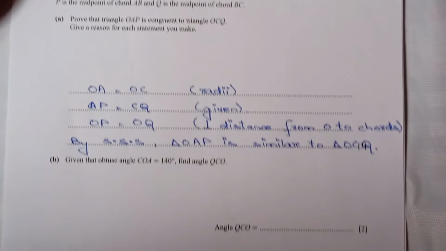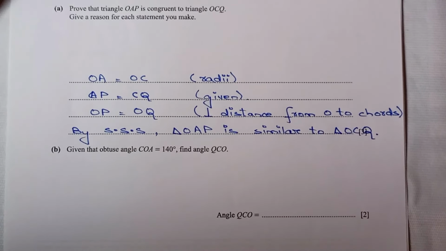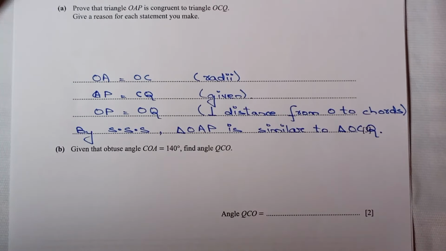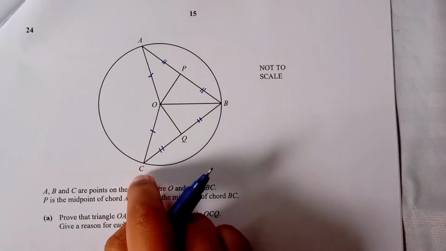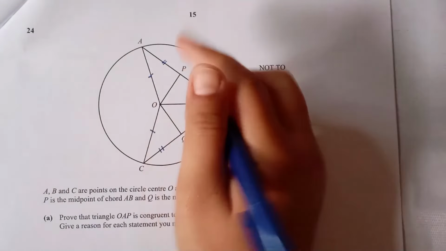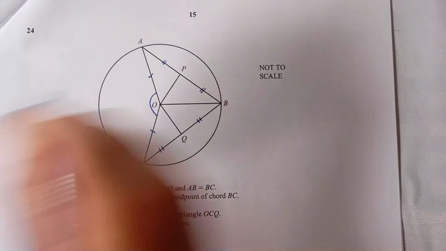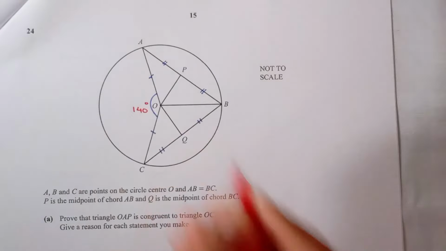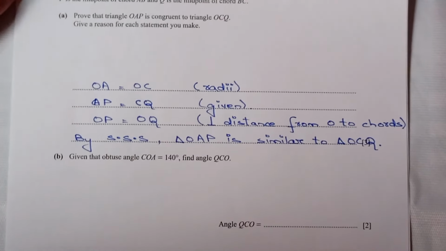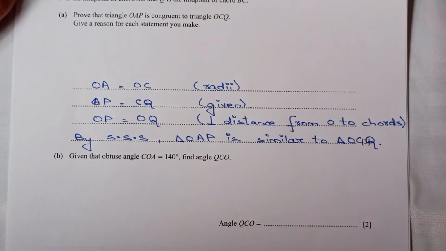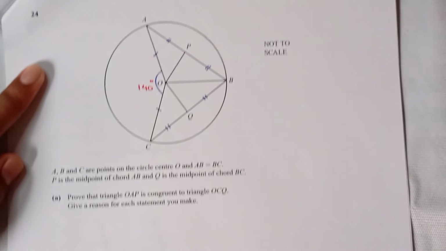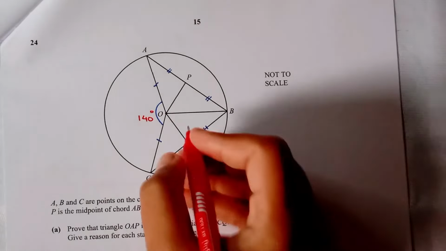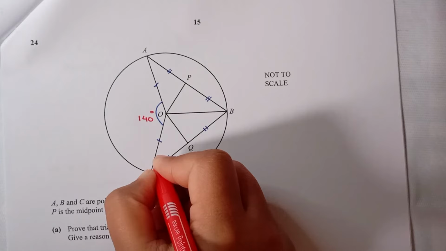Yes. Now for part B, given that the obtuse angle COA is 140 degrees. So where is COA? This angle is 140, right? Okay, and find angle QCO. Where is QCO? This angle we need to find.